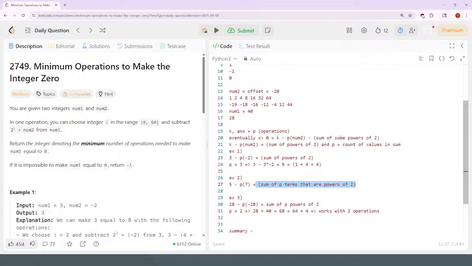And there's no guarantee that I can do it in p plus 1 operations, I don't think. Yeah, there's no guarantee there. It's probably not binary search.